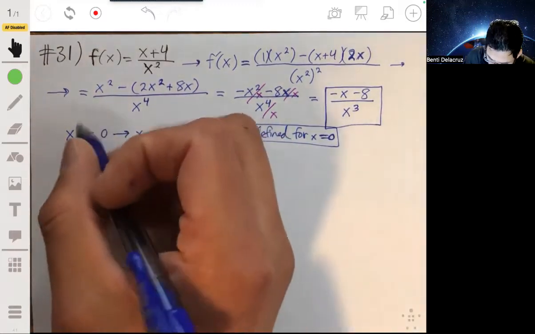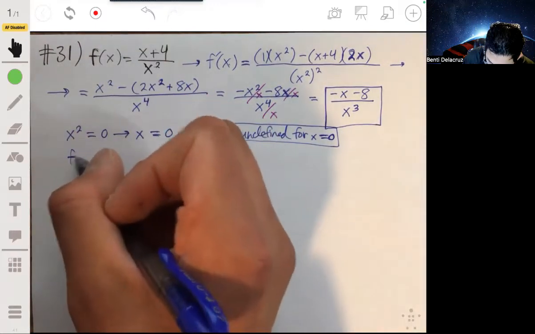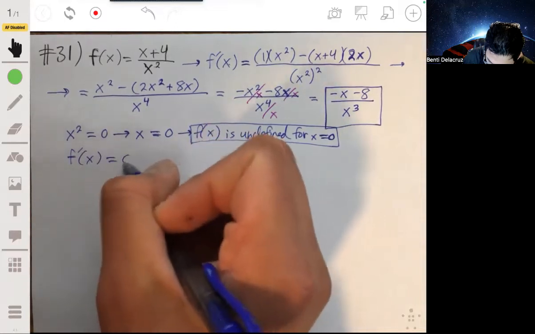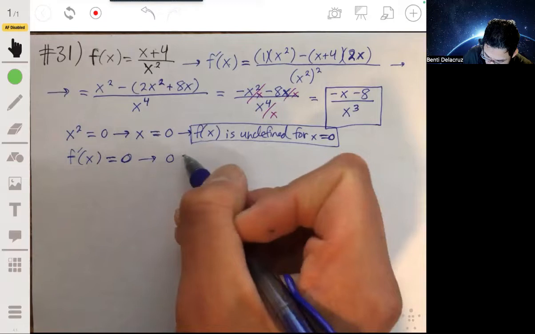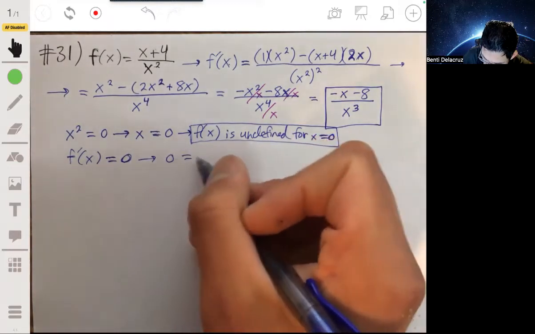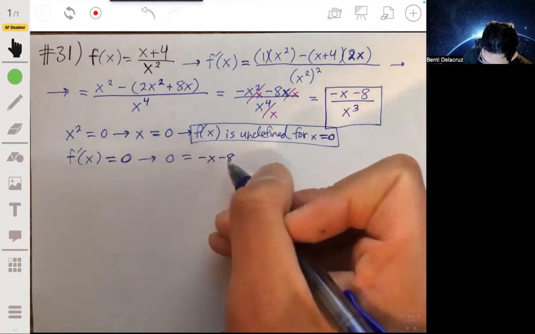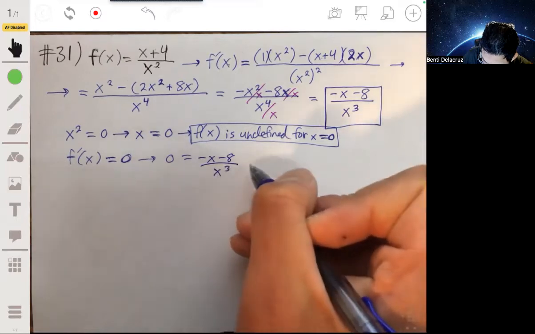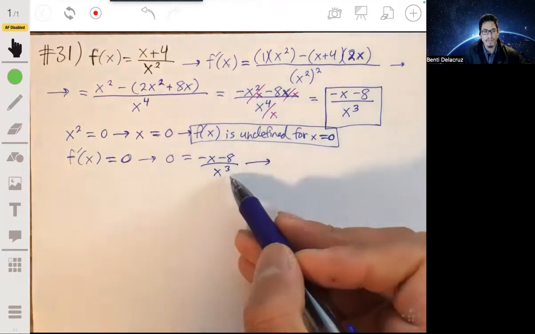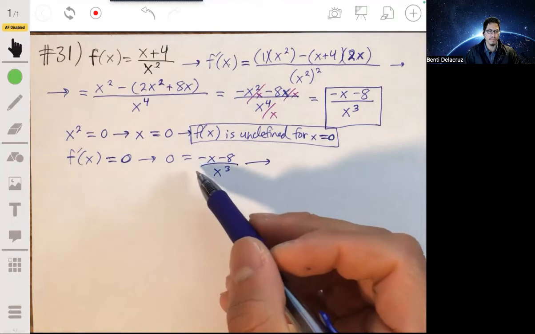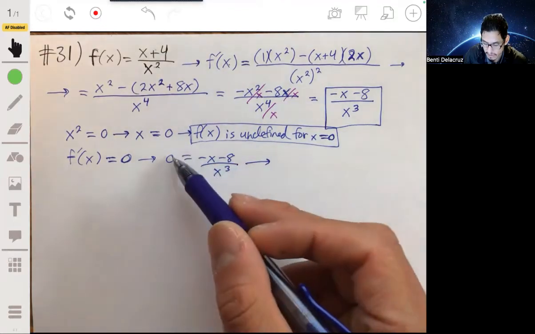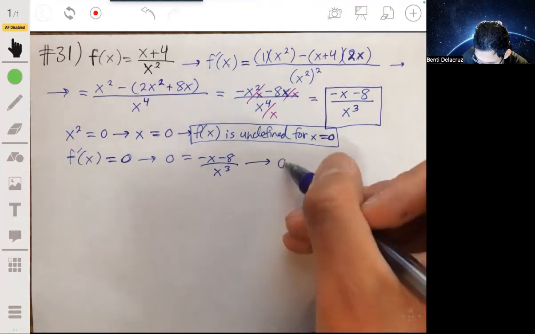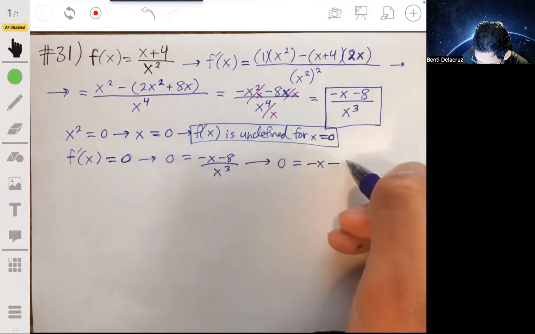And now we find where f prime of x is equal to 0. So we're going to set this expression equal to 0. So 0 is equal to negative x minus 8 over x cubed. And then we solve this by multiplying both sides by x cubed. So 0 times x cubed, or just 0, would be equal to negative x minus 8.